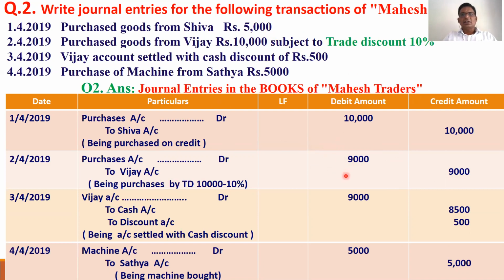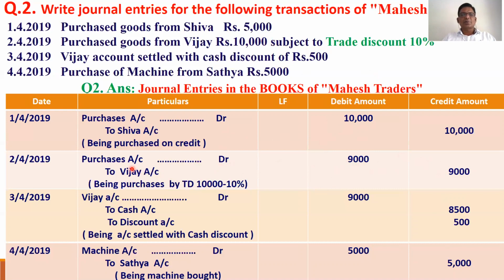A trade discount need not be shown in the books of accounts because it is a reduction in the catalog price. The genuine transaction is only for 9,000, the 10% trade discount having arisen out of the normal course of business between the two traders. So the trade discount will not be recorded. The catalog price is 10,000, 10% discount means 1,000 reduction.